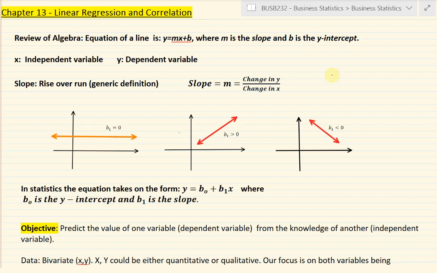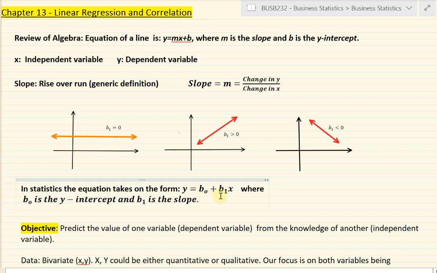Now, the equation of this line in statistics is actually going to take on a slightly different form for us. The form that we're going to look at is this form right in here. Instead of b, which is the y-intercept, we have b sub 0. And instead of m, the slope of the line, m times x, we're going to have b sub 1 times x.